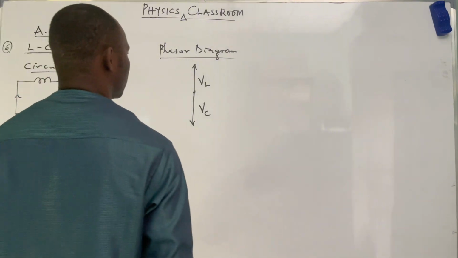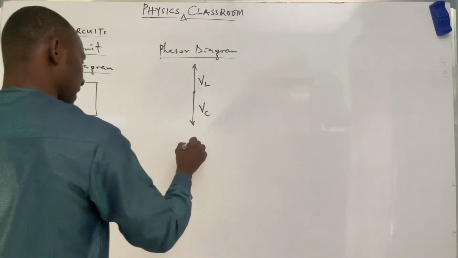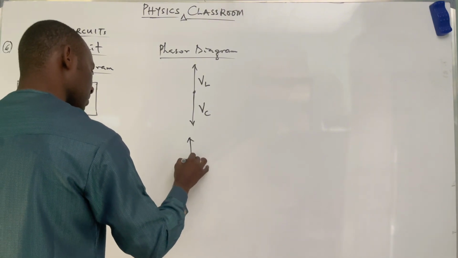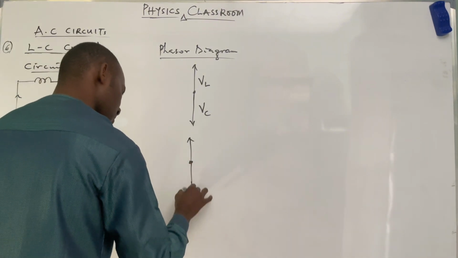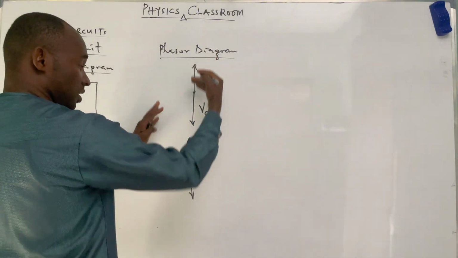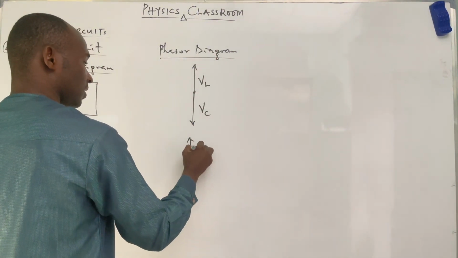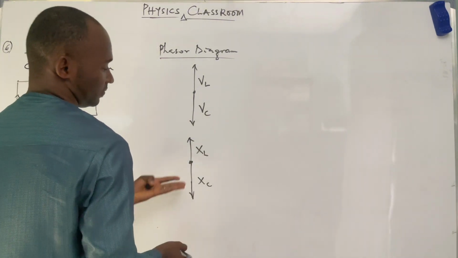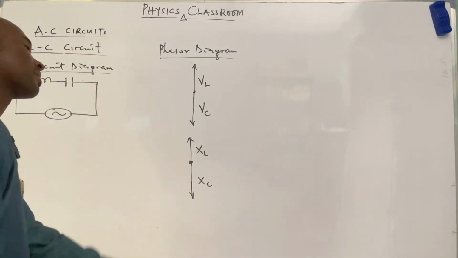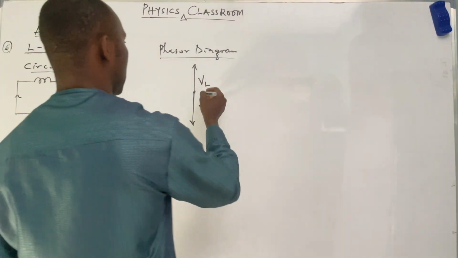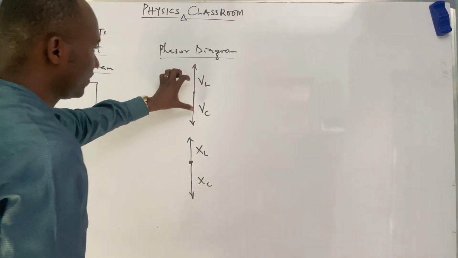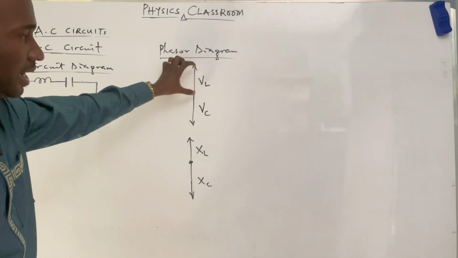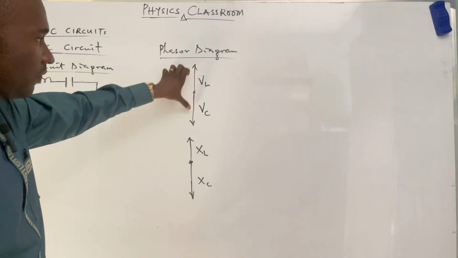You can have it like this in terms of voltage, while we can have XL, XC in terms of reactance. Now from here, you can see VC and VL are forming a straight line.